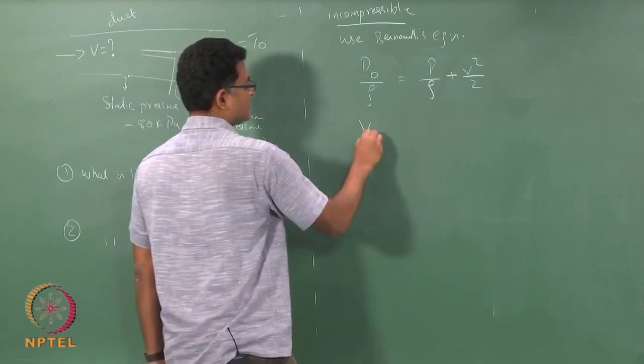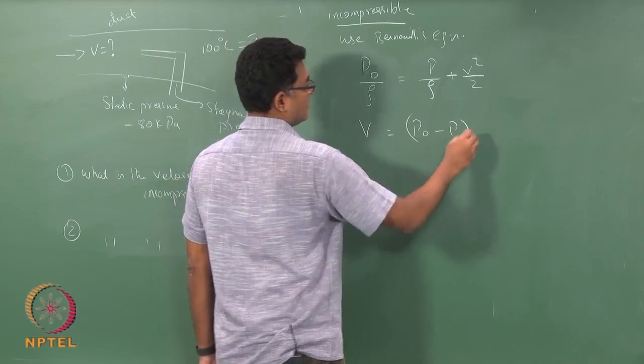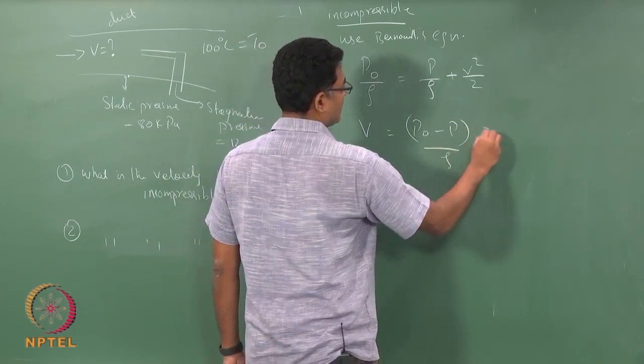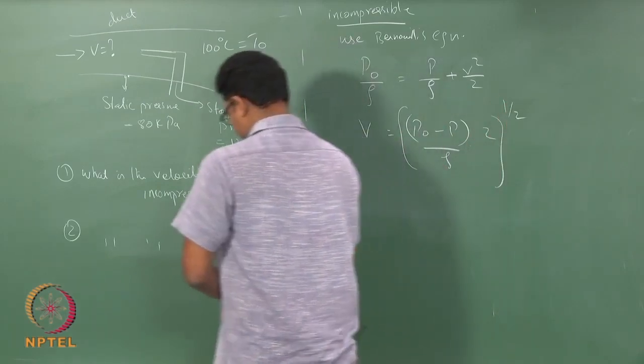So, I get my velocity as (P0 minus P) by rho into 2, to the power 1 by 2.